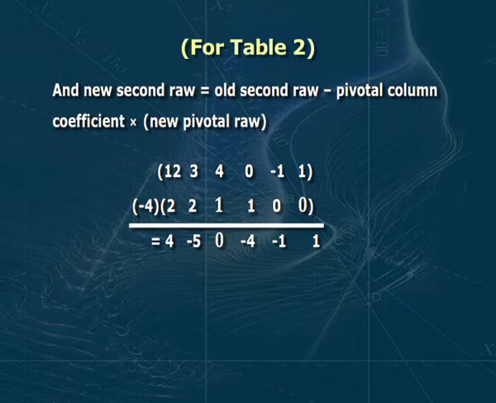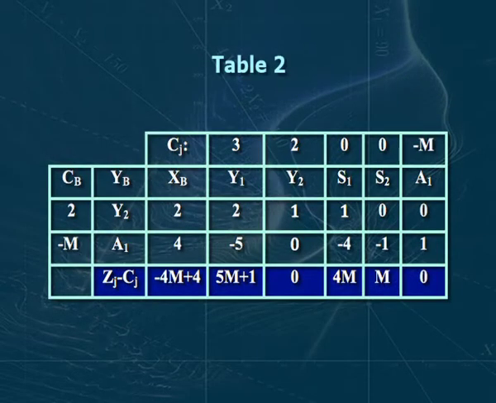On simplification, we get the elements 4, minus 5, 0, minus 4, minus 1 and 1. Here all Zj minus Cj are greater than or equal to 0 and the artificial variable a1 is in the basis with value 4 which is non-zero and therefore, the LPP has no feasible solution.